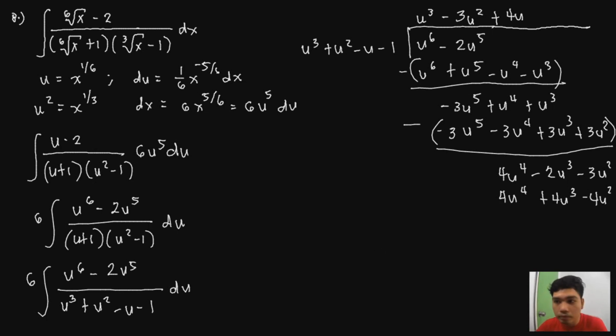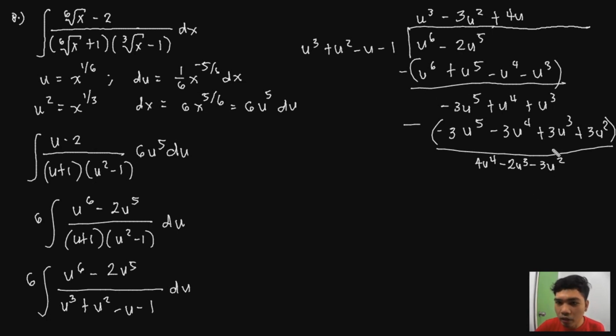So wait, let me just rewrite this all. Here I'll make my writing compact: 4u to the 4th and then minus 2u cubed minus 3u squared. Okay, so hopefully you can still see.